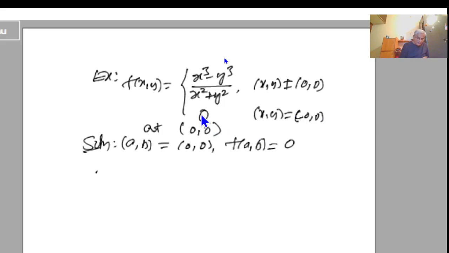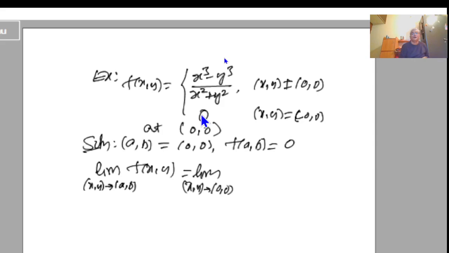Then what is the limit? Limit of f of x comma y as x comma y tends to a comma b, which is 0 comma 0. And what is f of x y? This is x cube minus y cube divided by x square plus y square.